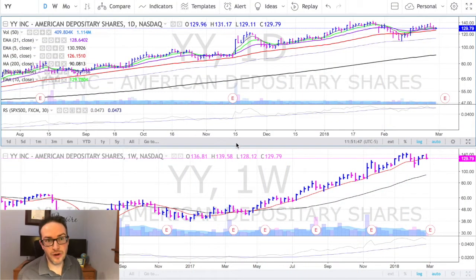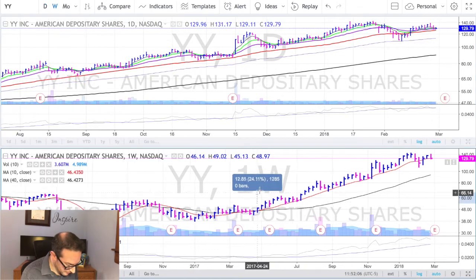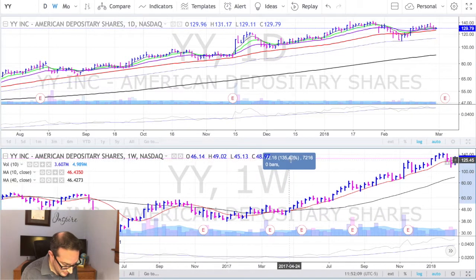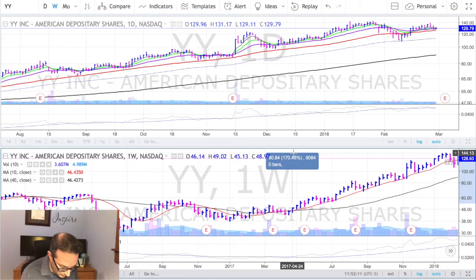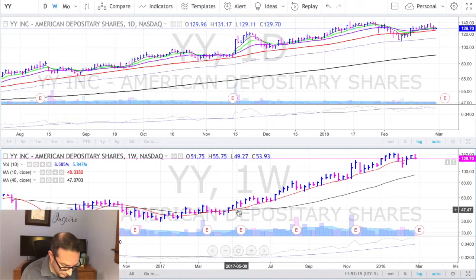Now here's a couple of charts with YY. First, on top, we're looking at the daily chart, and below that we have the weekly chart. The first thing that pops out at me is that YY has been running for a very long time, since April of 2017, and it's run about 170%.